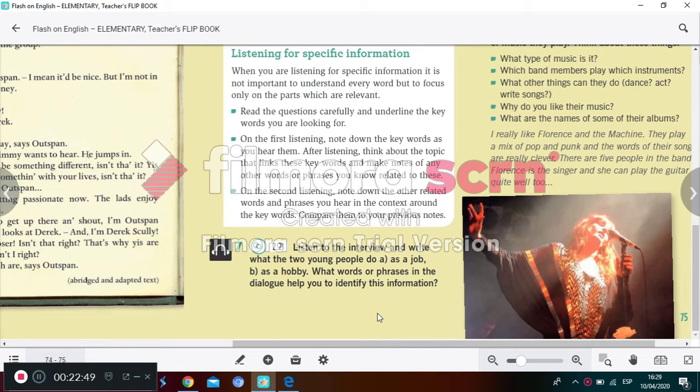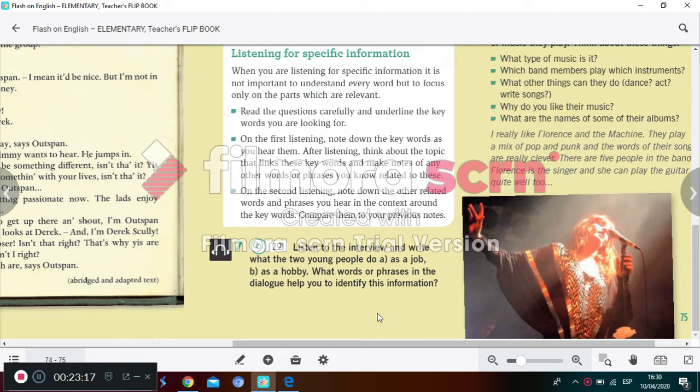Focus on the vocabulary that you know and try to relate it with the new vocabulary, okay? Nos concentramos en lo que sabemos y lo relacionamos con lo que no sabemos, okay?